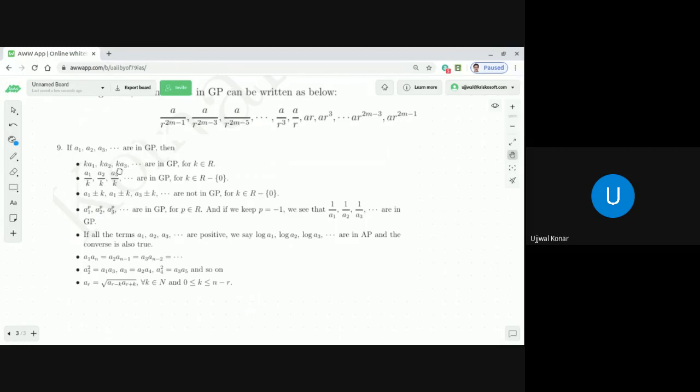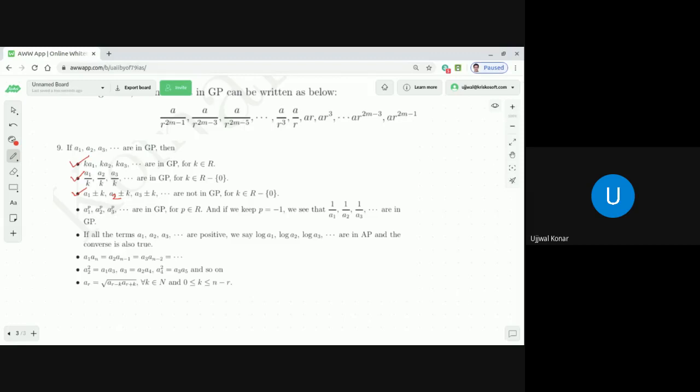So if A1, A2, A3 are in GP, then kA1, kA2, kA3 are also in GP. Correct, dear students? Okay. Then A1 by k, A2 by k, A3 by k are also in GP. Then if you add or subtract a constant number k, A1 plus minus k, A2 plus minus k, A3 plus minus k, they are not in GP.